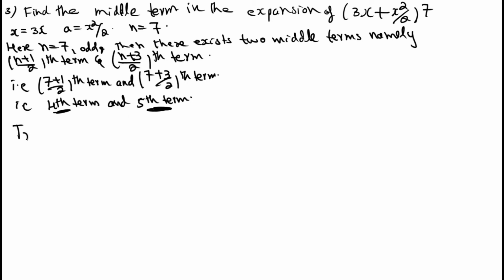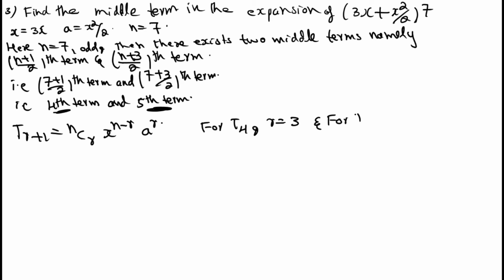We know the formula T(r+1) equals nCr times x to the power n minus r times a to the power r. For T4, what is the r value? The r value equals 3, and for T5, the r value equals 4. That we know, right? Okay, first calculate the 4th term.